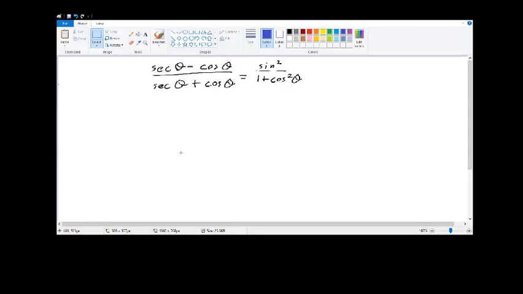Now, let's focus on the left side for now. So seeing this left side, perhaps there's a way we could work with it so that it becomes simplified just as is. In this case, something to remember is that secant is just the inverse of cosine.